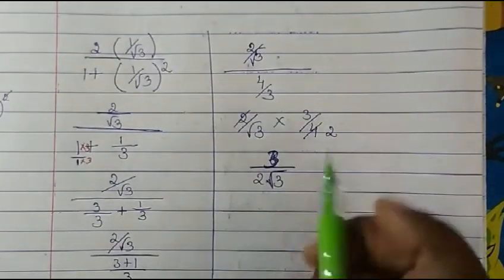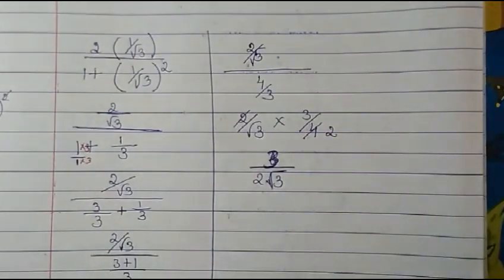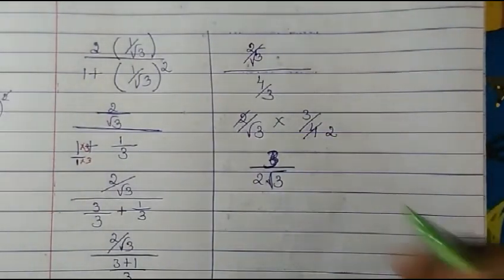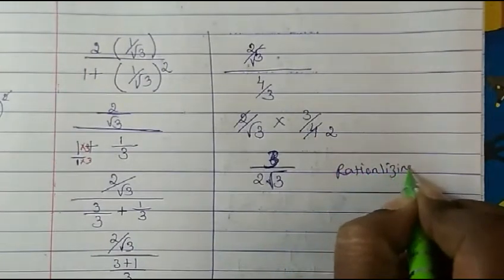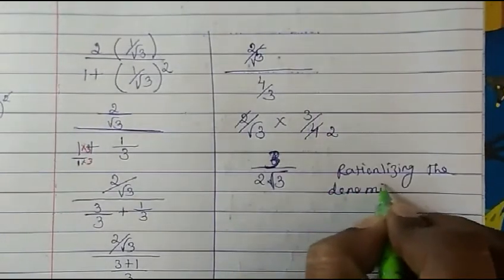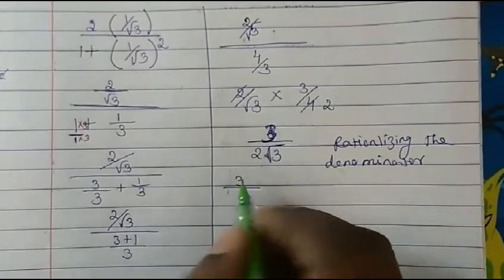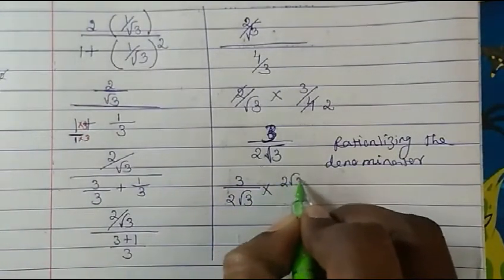So for that what we will do normally, with the same number we have to multiply both the side. Okay, so rationalizing the denominator. So for that what we will do, same number you have to multiply both the side.